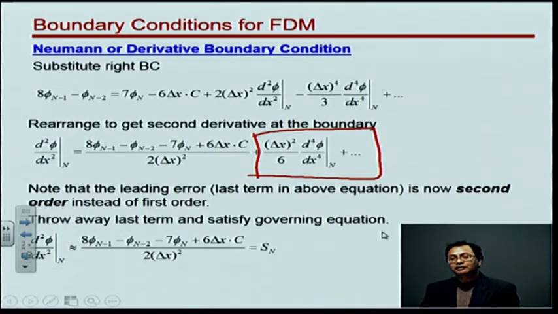Okay, your equation ultimately has to be written as d square phi dx square equal to S. So what you're doing now is changing the units of the equation. The error is the error in the second derivative, not the error in the second derivative times delta x.